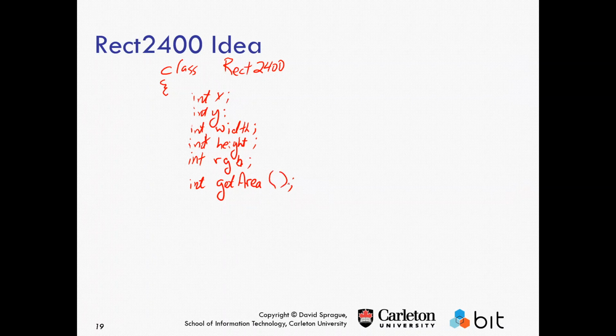And what I don't want is to have to define getArea somewhere else and then use a structure. I want the structure and the function to be wrapped together so that I can just use this. And so I could say, here would be the actual definition.